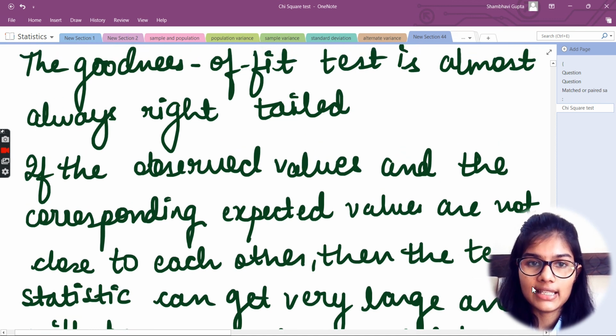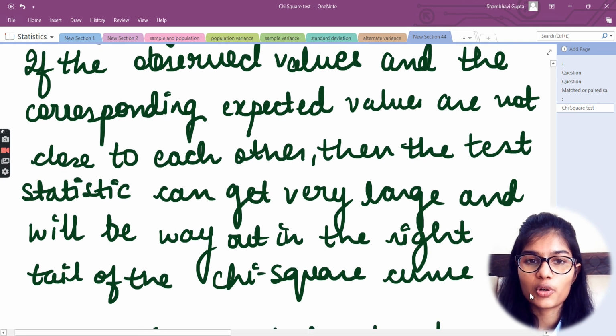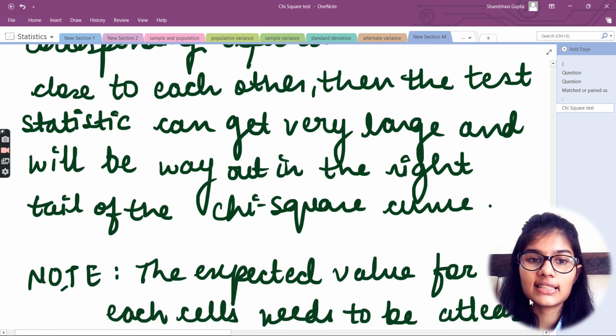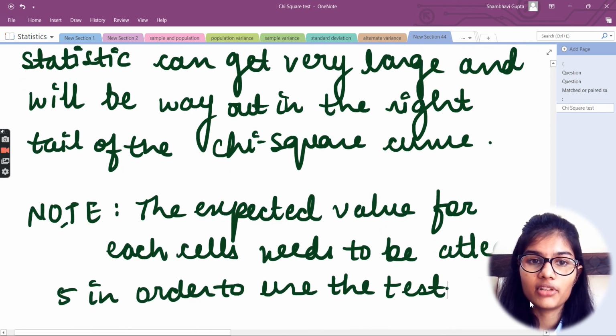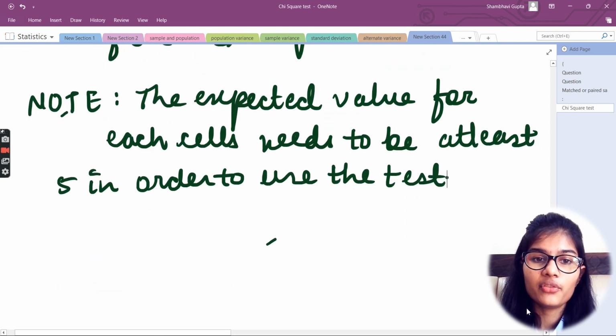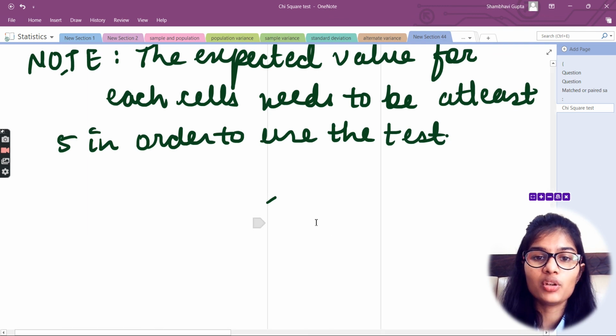The goodness of fit test is almost always right-tailed. If the observed values and the corresponding expected values are not close to each other, then the test statistic can get very large and will be way out in the right-side tail of the chi-square curve. Note that the expected value for each cell needs to be at least 5 in order to use this test.